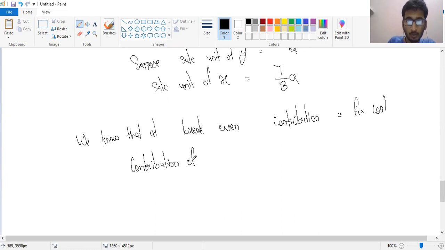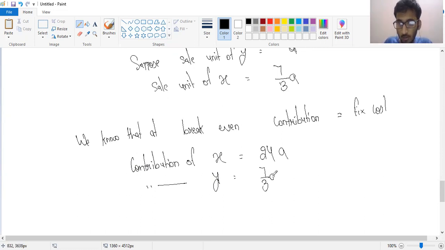Contribution per unit of X, we have calculated, is 24. So it would be 24A. And contribution of Y, what would it be? It would be 7 upon 3A multiplied by 40. I hope you guys know that the contribution of Y is 50 minus 10 equal to 40.